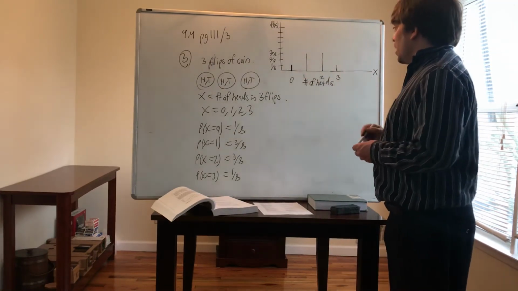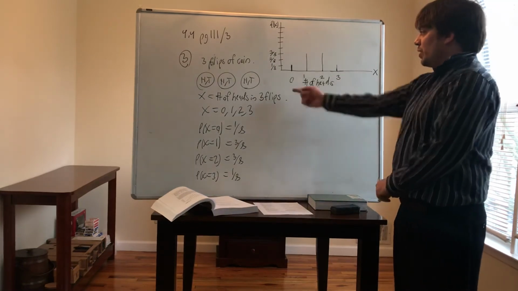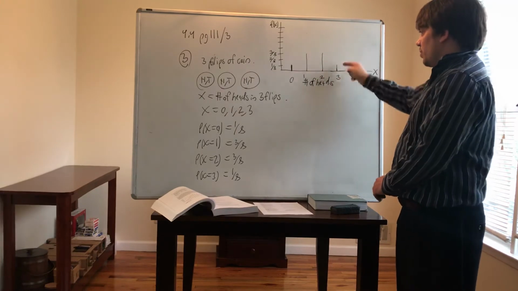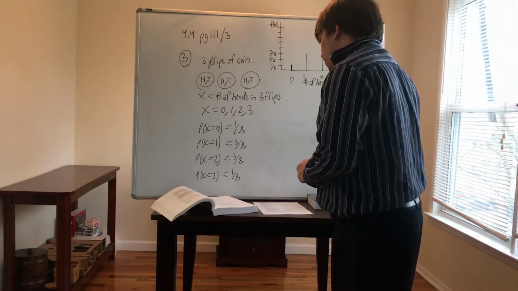That bar chart is telling you, for each number of heads: when it's 0, the probability is 1/8; 1, 3/8; 2, 3/8; 3, 1/8. And so this is the bar chart.